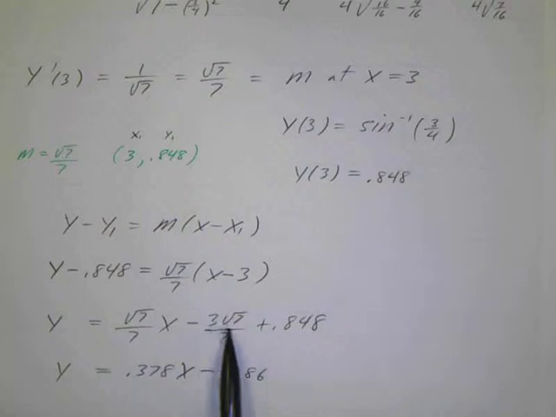So this was negative 3 times square root of 7 over 7 plus 0.848. We end up with negative 0.286. So that would be your equation of your tangent line to that function at x equals 3. So hope that makes a little bit of sense to you.